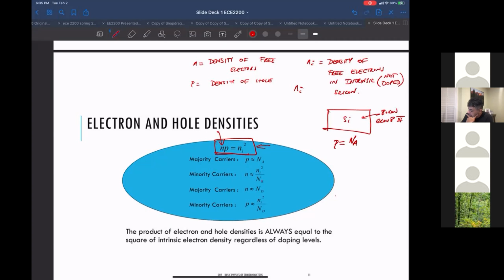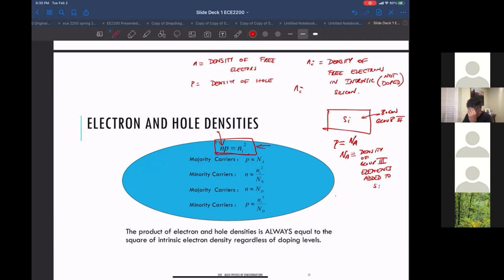So n sub A is the density of group 3 elements added to the silicon. Group 3 elements are called acceptors.